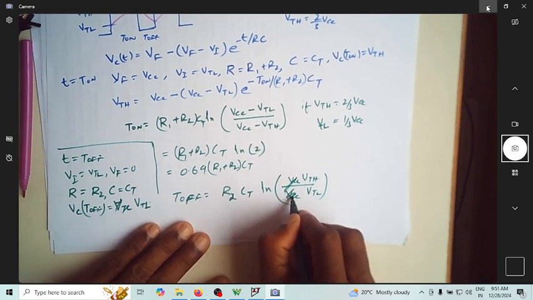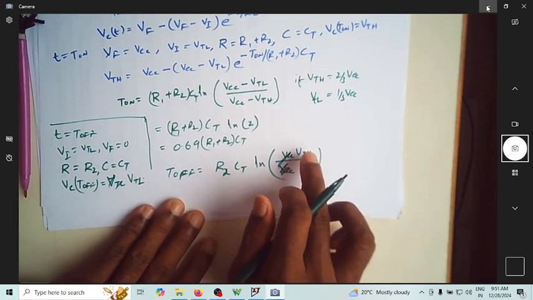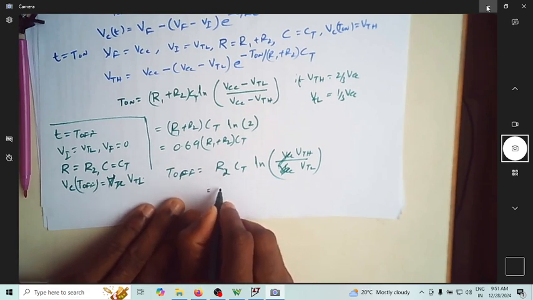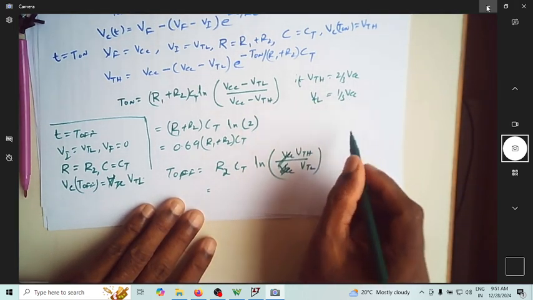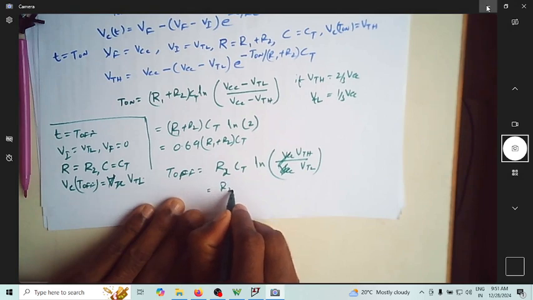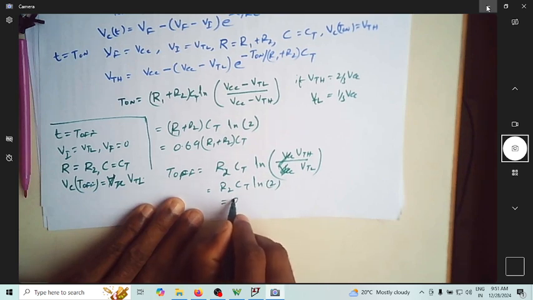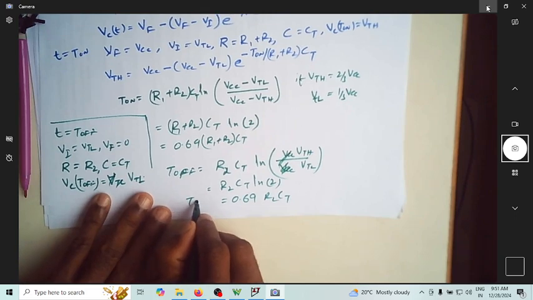It will be as simple as this. I'm just telling you the final expression. If you substitute VTH as 2/3 VCC and VTL as 1/3 VCC, this again comes out to be R2 CT ln of 2. So 0.69 R2 CT is your T off time.